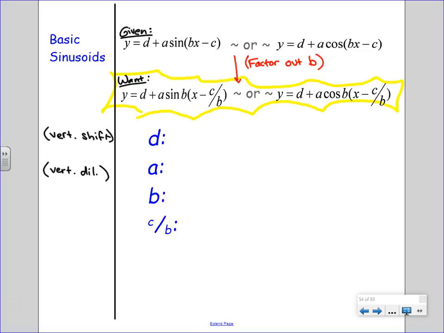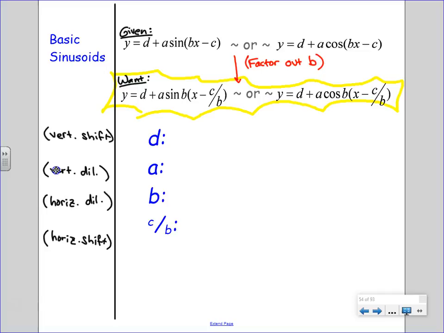B, if there's a number being multiplied on the inside, that would be a horizontal dilation, just being multiplied. Technically, if you remember, on the inside, it's messy. It'd be times 1 over b. We'll get back to that. And then if you're adding or subtracting from the x, that would be a horizontal shift. But remember, backwards of what you think, which is why there's a minus instead of a plus.